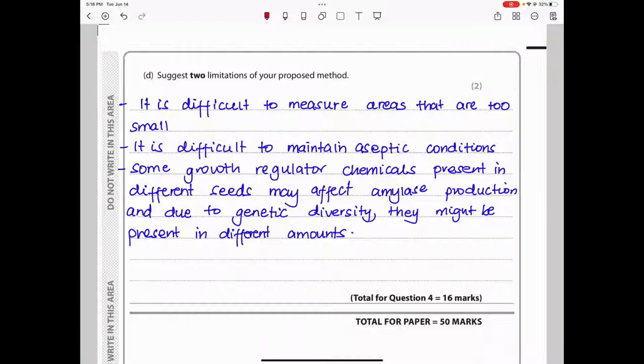Now, we know the release of amylase could not be controlled by only one thing, or even the amount of amylase present could be different. So some seeds could release more and another could release less.